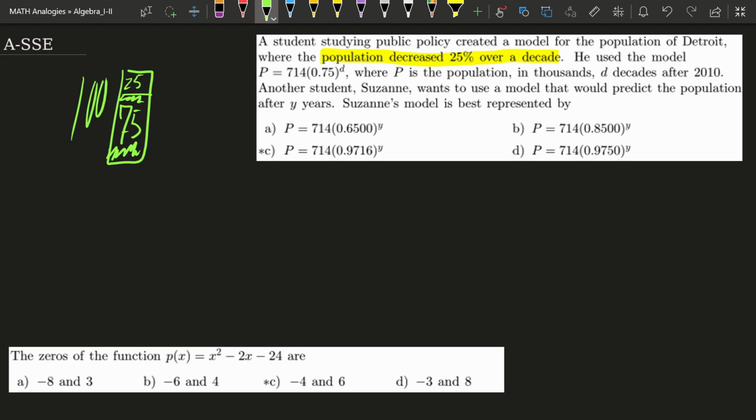Because it's a population decrease of 25%, what we're actually looking for is a 75% remainder. Okay, so that's why there's a 75, or 75%, in here, instead of 100% or even that 25%. We decreased by 25%, so we kept 75%.